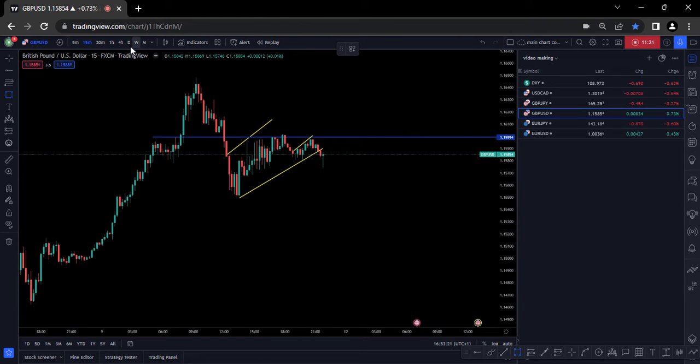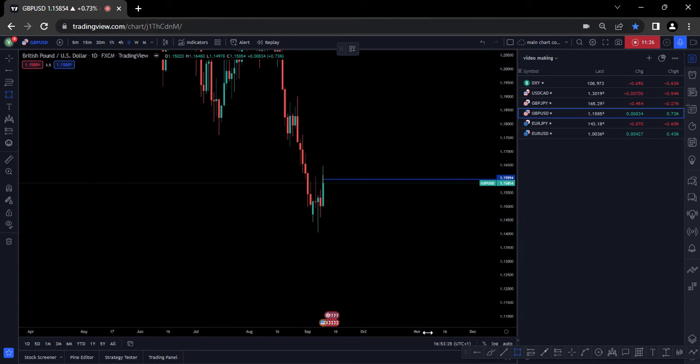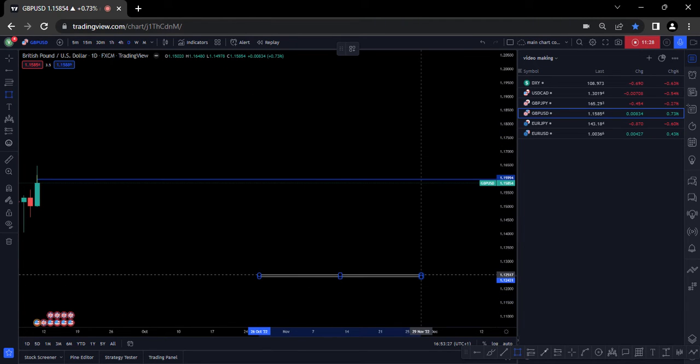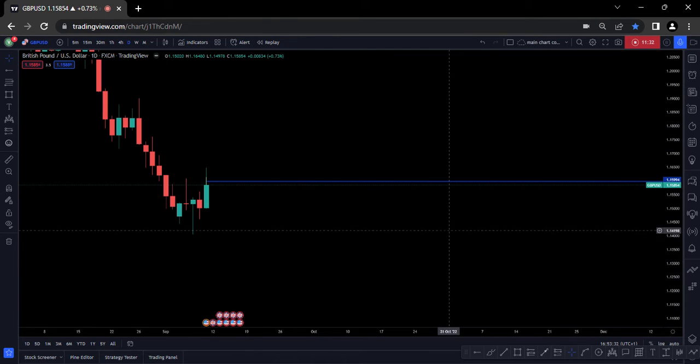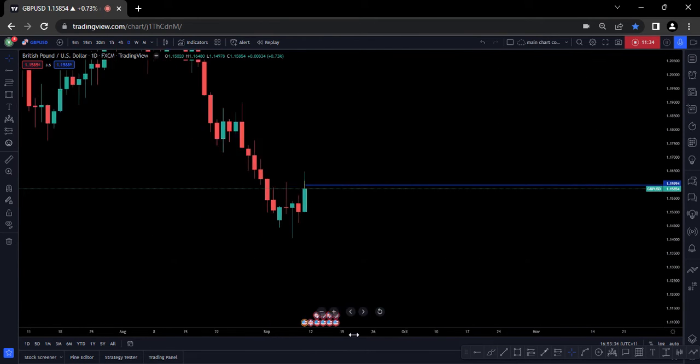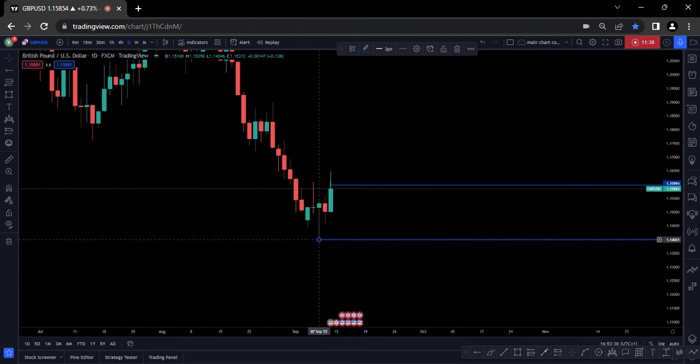GBPUSD on the daily. See this kind of formation here.